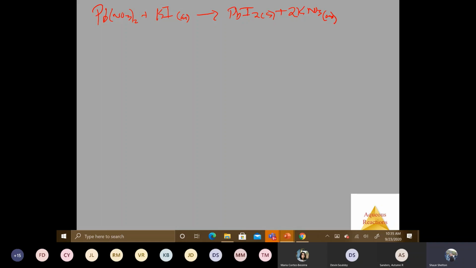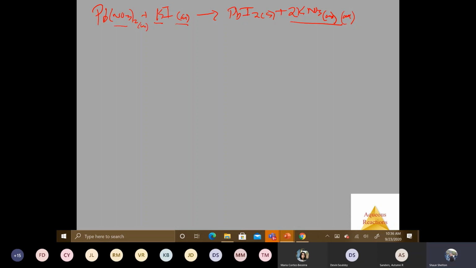Aqueous. Now, I'm going to show you a little shortcut here. This shortcut will help break down this a little bit faster. So if you look at KNO3, it's aqueous. If you look over here, potassium's aqueous. NO3 is aqueous. All right.